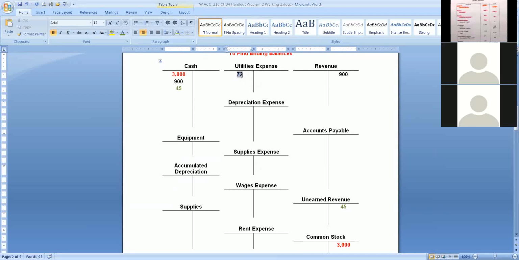Two. Let's make that color. And accounts payable 72.